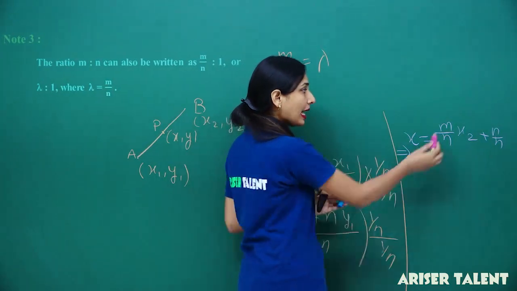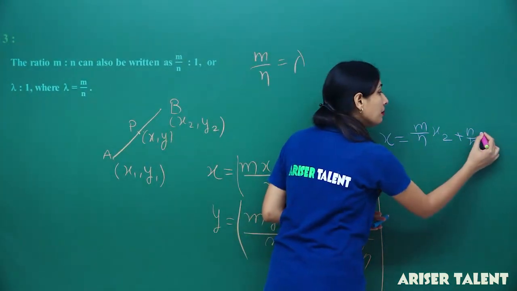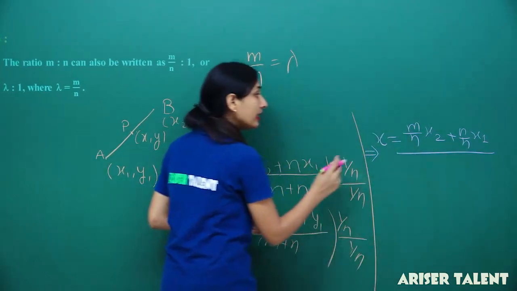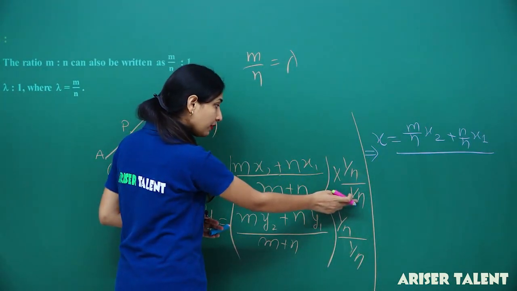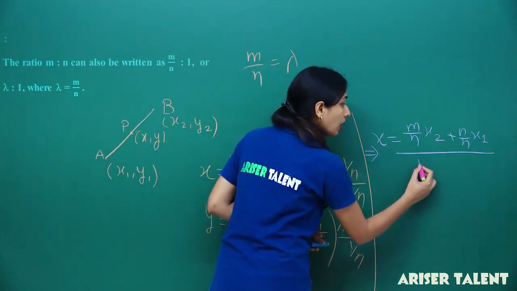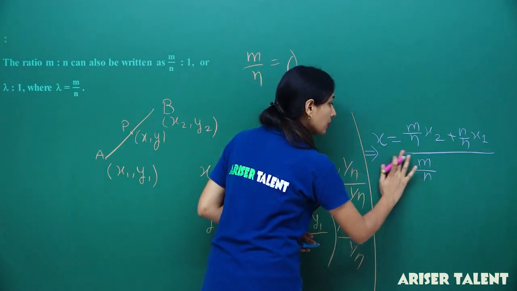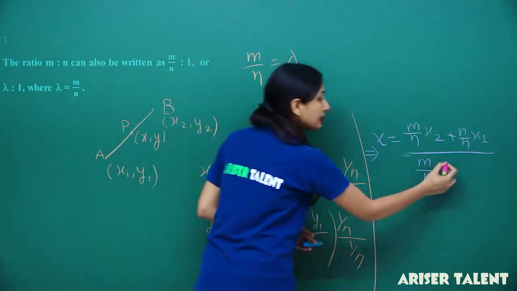So that will be m by n x2, n by n multiplied by x1. Now in the denominator that will be 1 by n, m by n, so m by n here and plus n by n here.